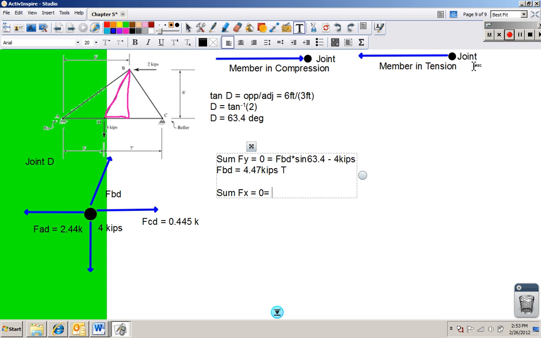So if I have 0.445 from FCD, plus 4.47 times cosine of 63.4 degrees, minus FAD, 2.44. Let's see what I get.